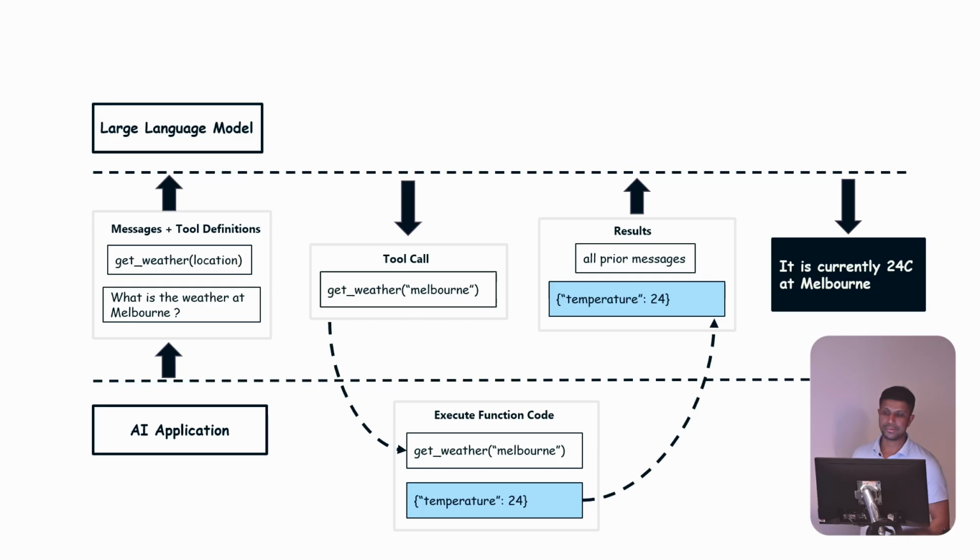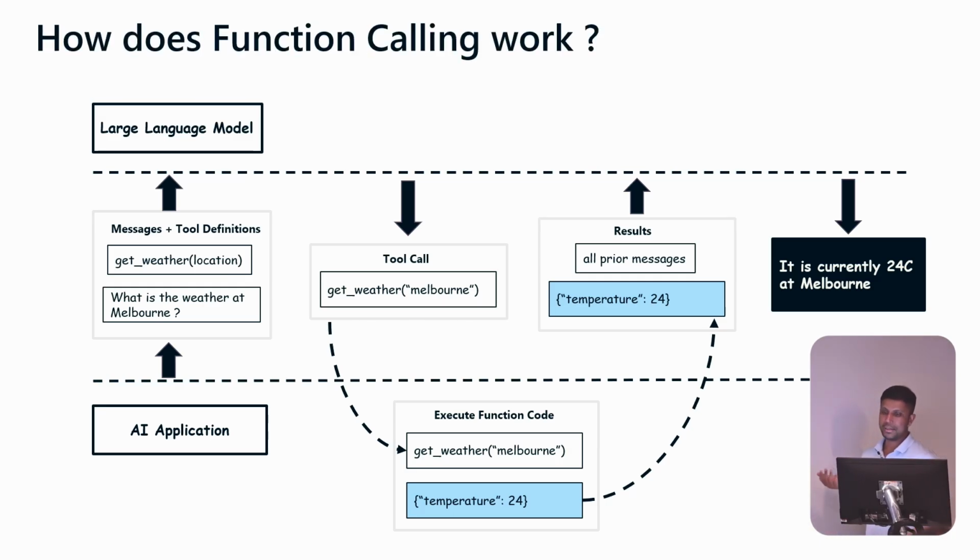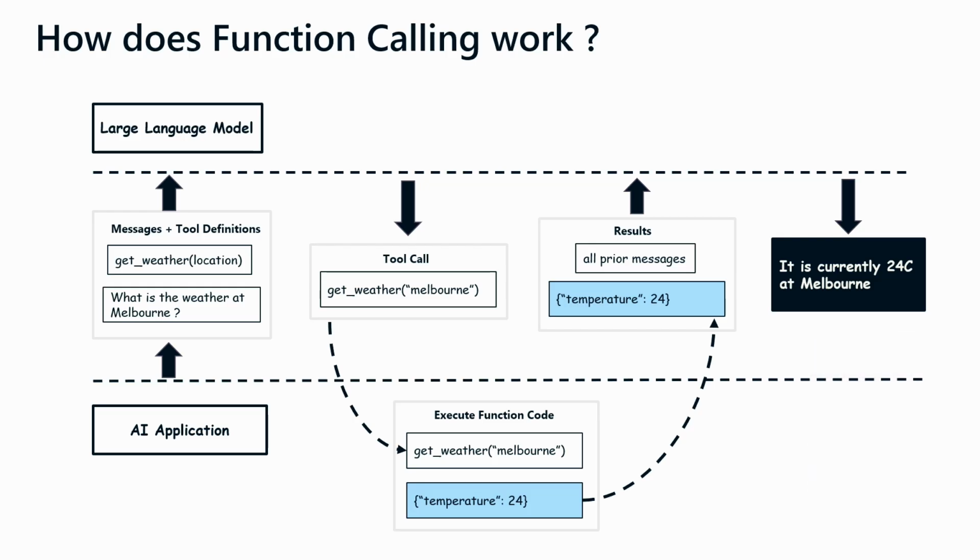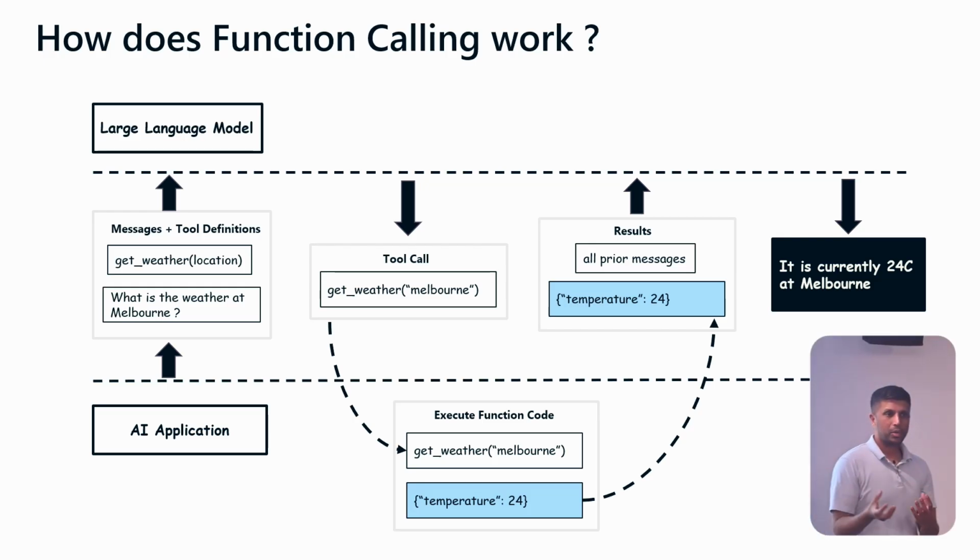So let's look at a quick example. So this is about getting the weather. So the top part is the language model, and this is your application. So you're asking what is the weather in Melbourne, and you're also saying that there is a function called getWeather which requires location. And the model determines that it has access to this tool and the question is about the weather.